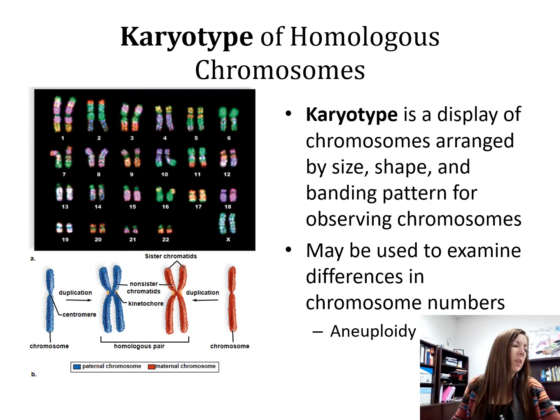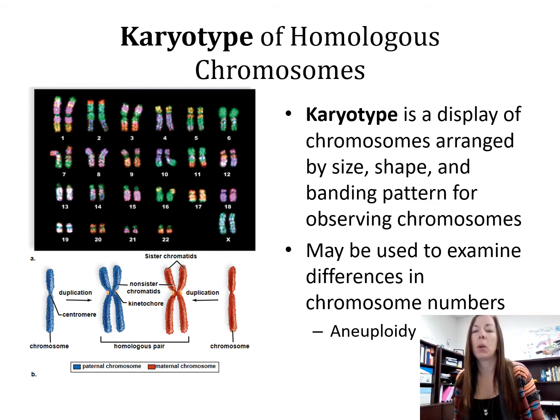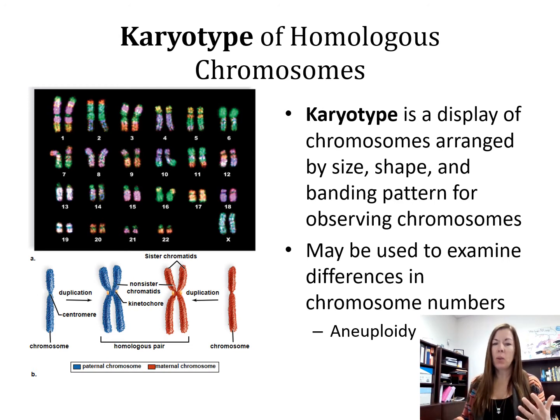When you're looking at chromosomes, anytime we talk about them in lab or lecture, we talk about these chromosomes, which we learned from mitosis are visible now. These are sister chromatids, and they're visible when they're condensed. And so a karyotype is a map of all of the homologous chromosomes.